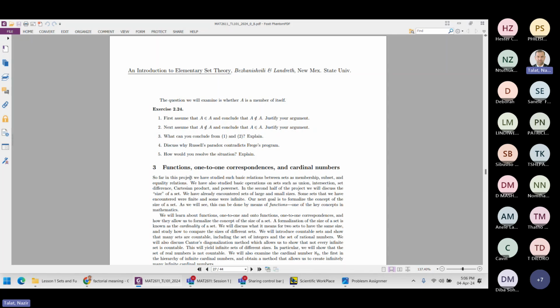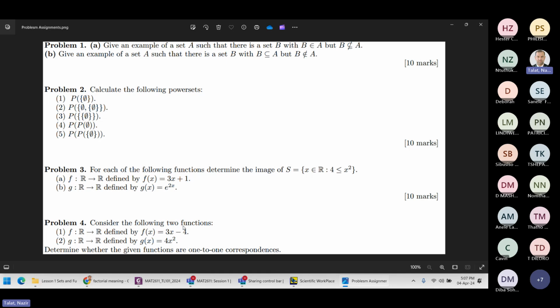Sometimes they are one-to-one, sometimes onto, sometimes bijective. Then we'll also see the inverse of functions and the composition of functions, and we will describe some questions related to functions in the next session.